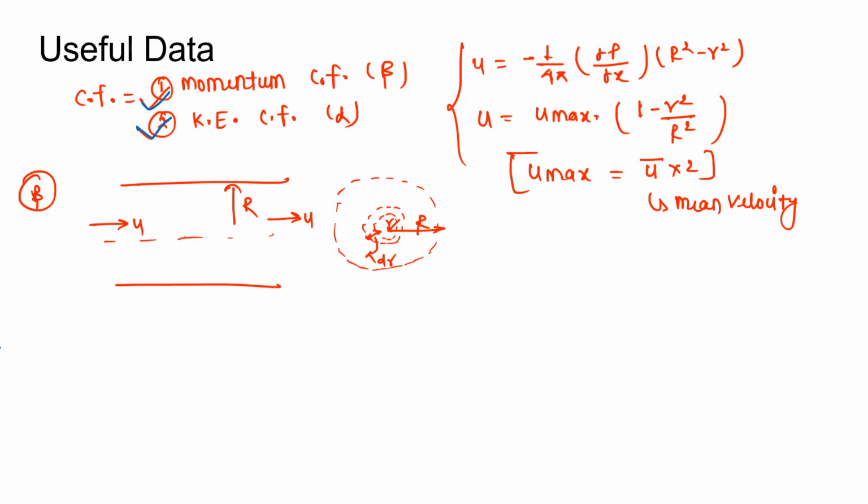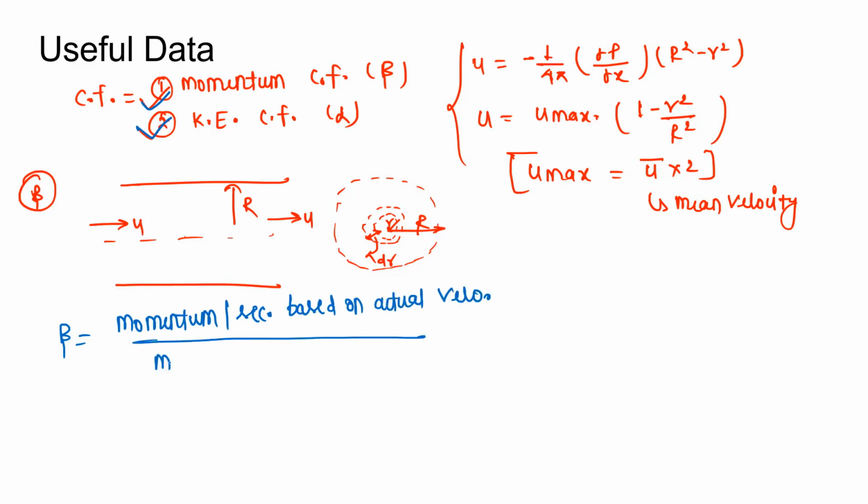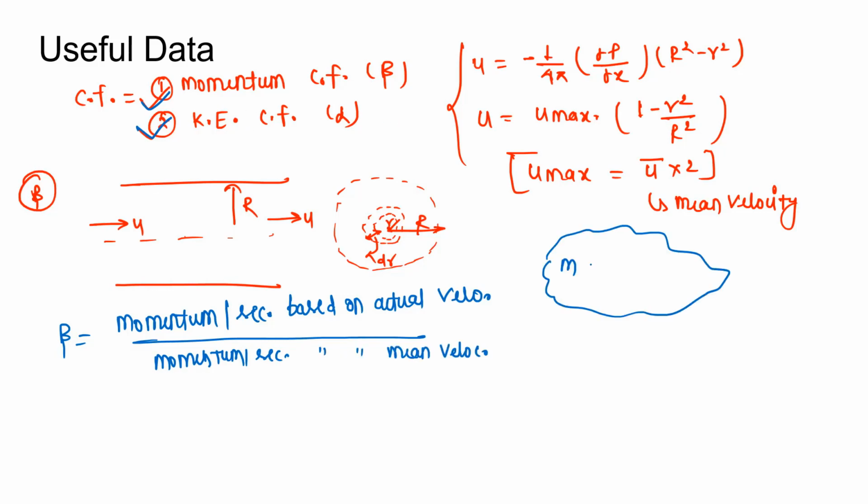Now talking about beta first. Beta for a circular pipe is the momentum per second based on actual velocity divided by the momentum per second across the section based on mean velocity. We know that momentum equals mass into velocity, where mass will be the total mass of fluid flowing, which is rho into 2 pi r into dr into velocity.